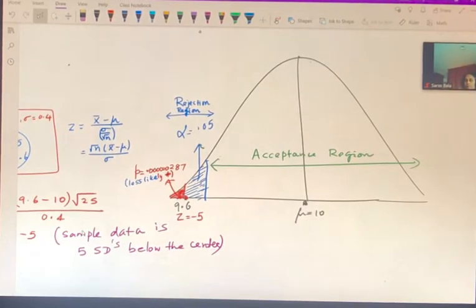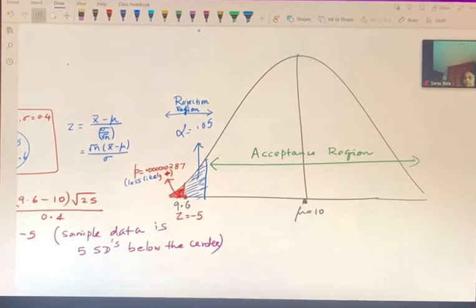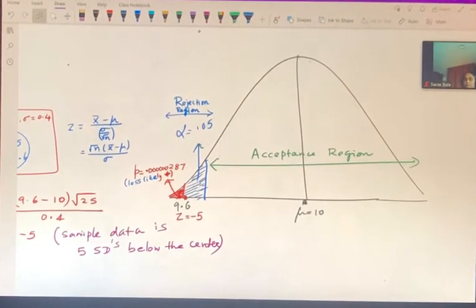So now you need to understand how the z-score comes into the picture and how it is useful here. Again, your mu is 10 and the sample data gives you 9.6. By looking at the number, you would say 9.6 is pretty close to 10, but that 9.6 is about 5 standard deviations below the center. It is going to give you a very big z-score value.